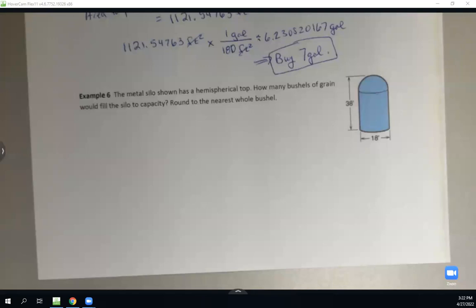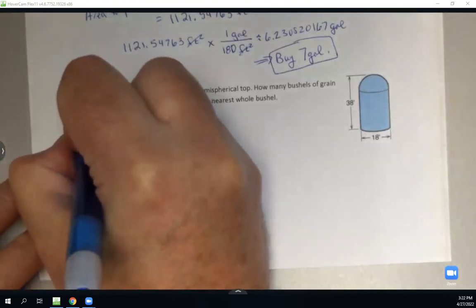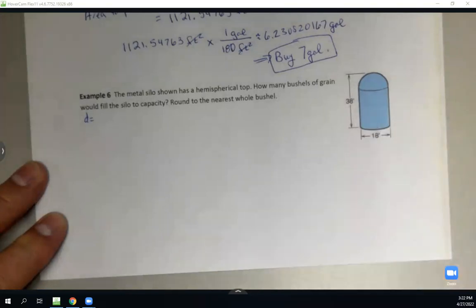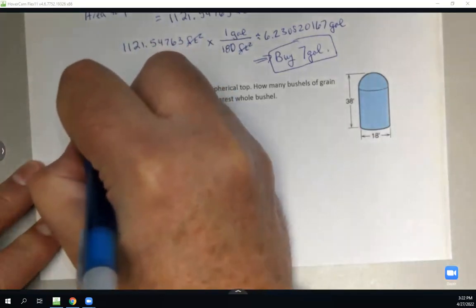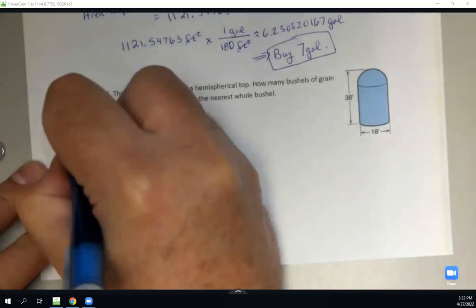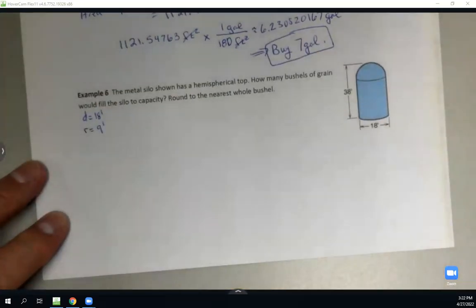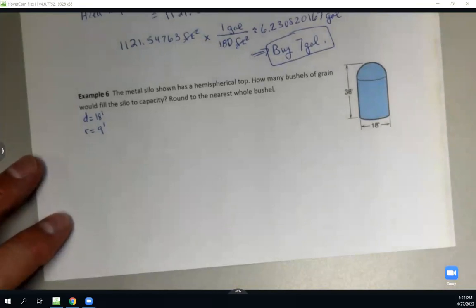First of all, I know the diameter of both the cylinder and the hemisphere is 18 feet, which means the radius is going to be 9 feet. Would you buy that?